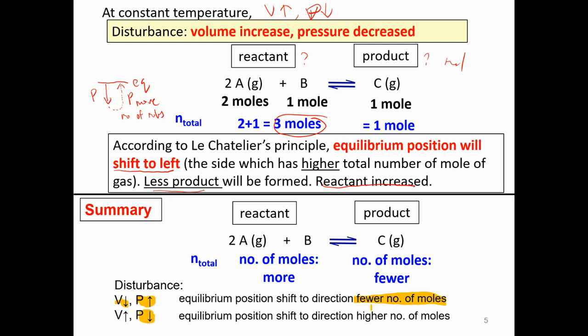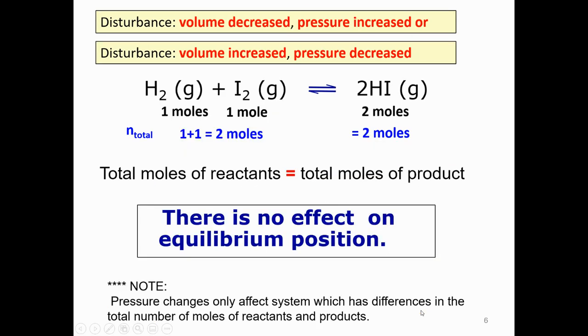Pressure decreases, the equilibrium position shifts to higher number of moles. Now what happens if both reactant and product have the same number of moles? Then there will be no effect on the equilibrium position.